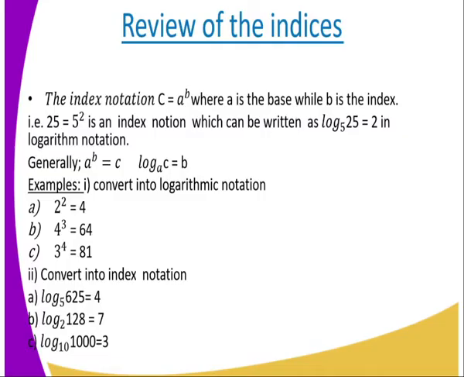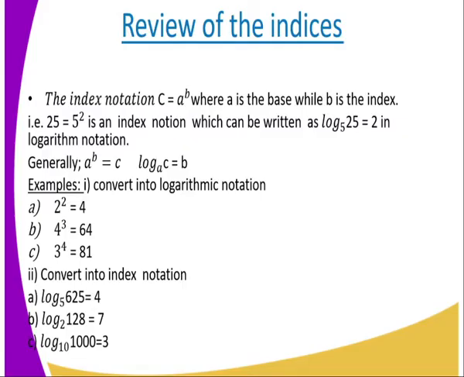When we talk about the index notation, it is supposed to be C is equals to A raised to power B, where A is the base while B is the index. For example, we have 25 is equals to 5 squared.